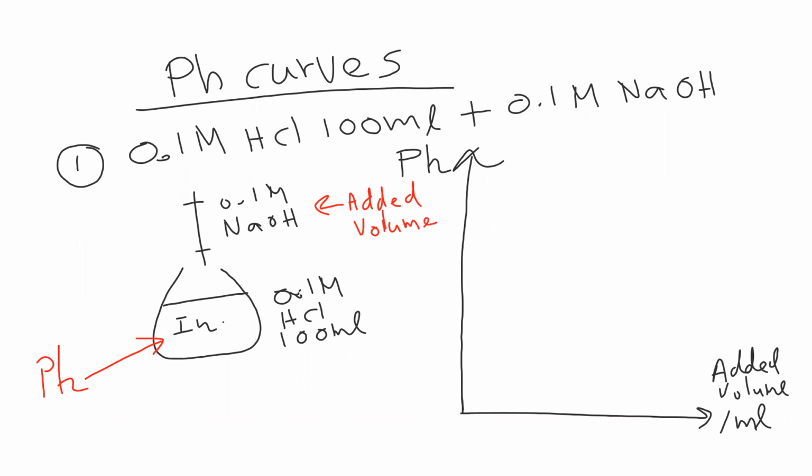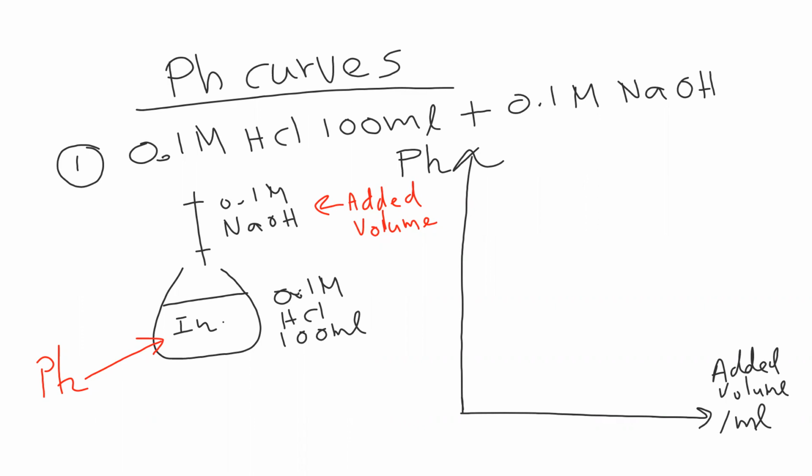These are the two things. We should always remember the pH value shown is the pH from the conical flask. Added volume means addition of the base, sodium hydroxide.